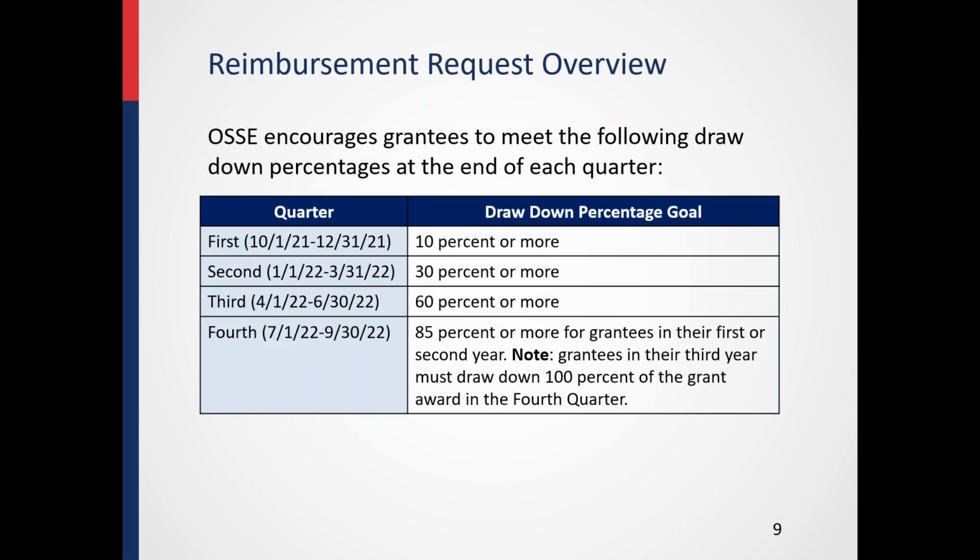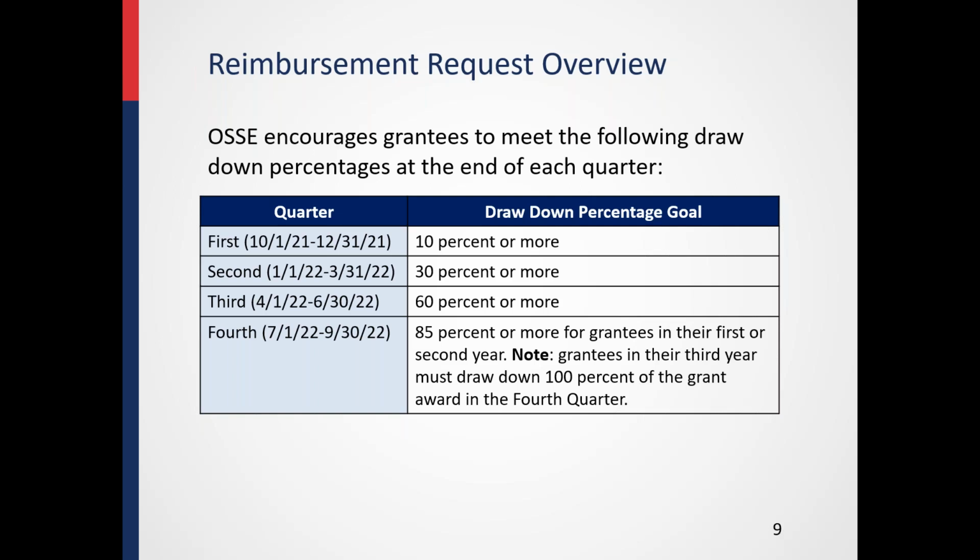So those rates of drawdown should match something close to what we show on the chart here. At the end of the first quarter, ending 12/31/21, so the end of this year that's coming up soon, you should have drawn down at least 10% of your total award. At the end of the second quarter, ending March 31st, 2022, in spring of next year, you should have drawn down at least 30%.